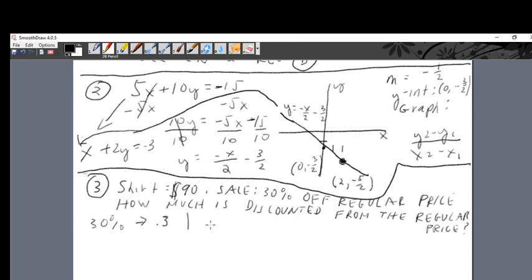Step 2, take the 0.3 and multiply it times the $90. 30% of $90 is what they're taking off. $90 is the regular price, and 30% off means 30% of the $90. That's going to be equal to $27. There is the amount which is discounted from the regular price. That problem's over.